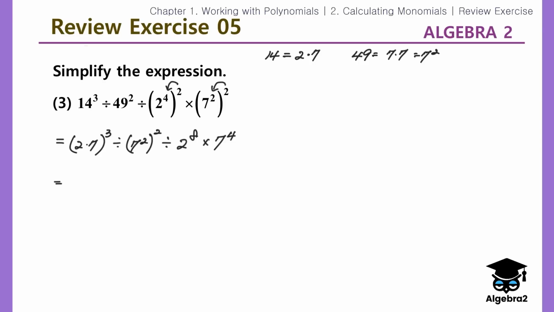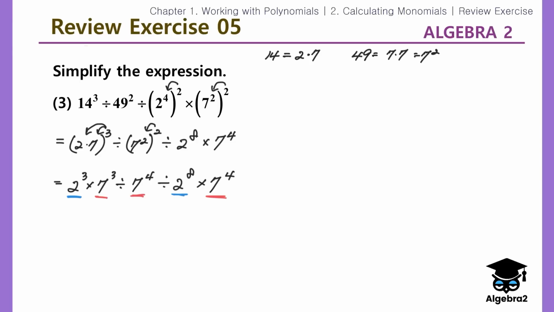So 2 times 2 cube, right? So 2 cube times 7 cube. 7 cube divided by 7 to the power of 4 divided by 2 to the 8, 7 to the 4. So we have 2 numbers with the base 2, 3 numbers with the base 7, right?